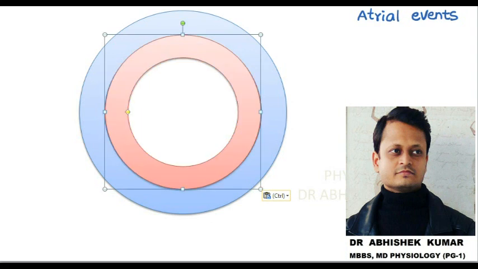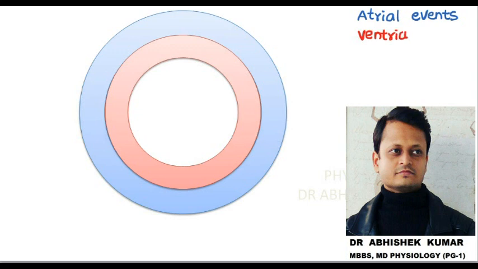Similarly, this pink colored circle represents the ventricular events. So the outer blue circle which we are seeing represents the events going on in the atrium of our heart, and the inner pink circle represents the events going on in the ventricle of our heart.